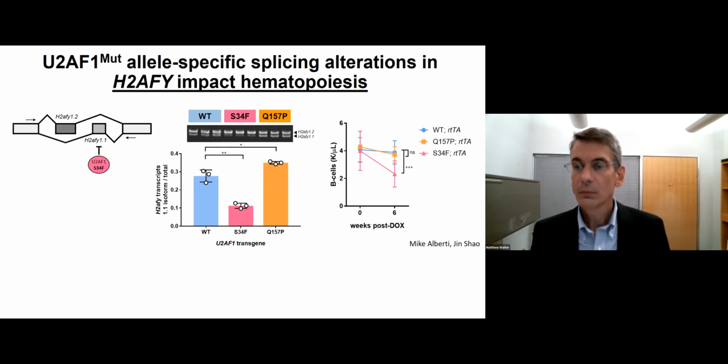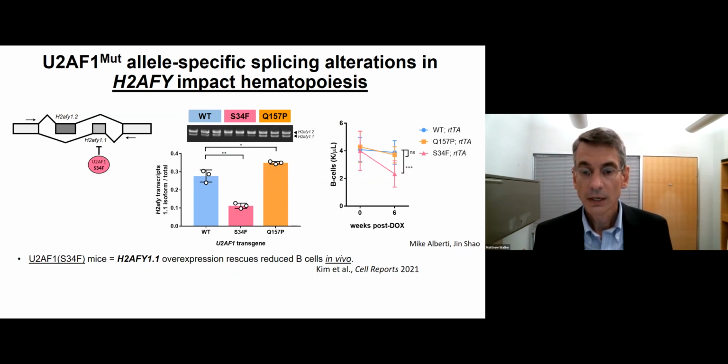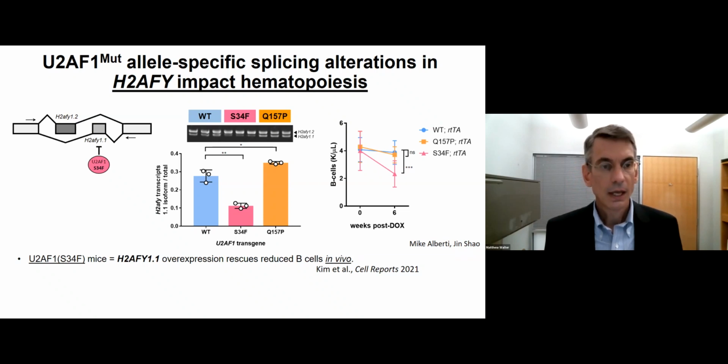What we were able to do is re-express the 1.1 isoform in S34F cells, and we were able to rescue this reduction in B cell count. So overexpression rescued the B cell count in vivo, importantly providing direct evidence of an altered splicing event that could rescue a phenotype in vivo.